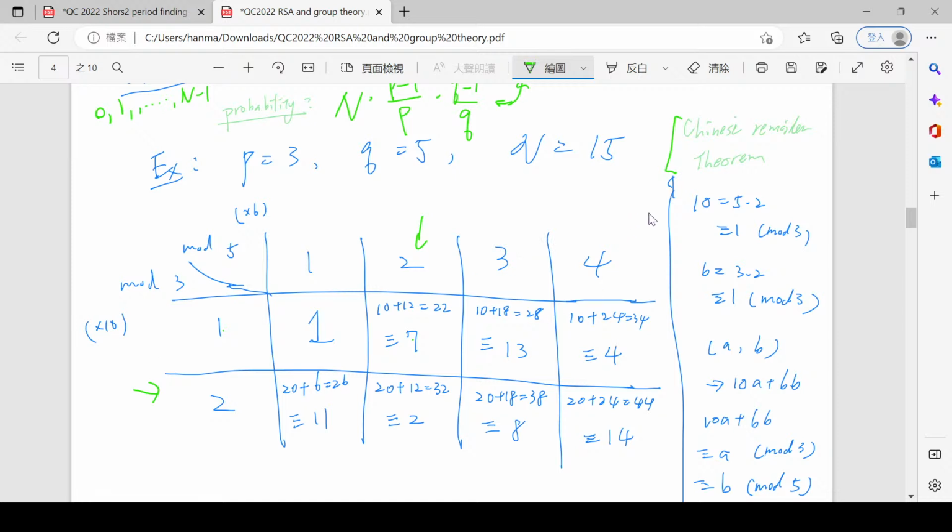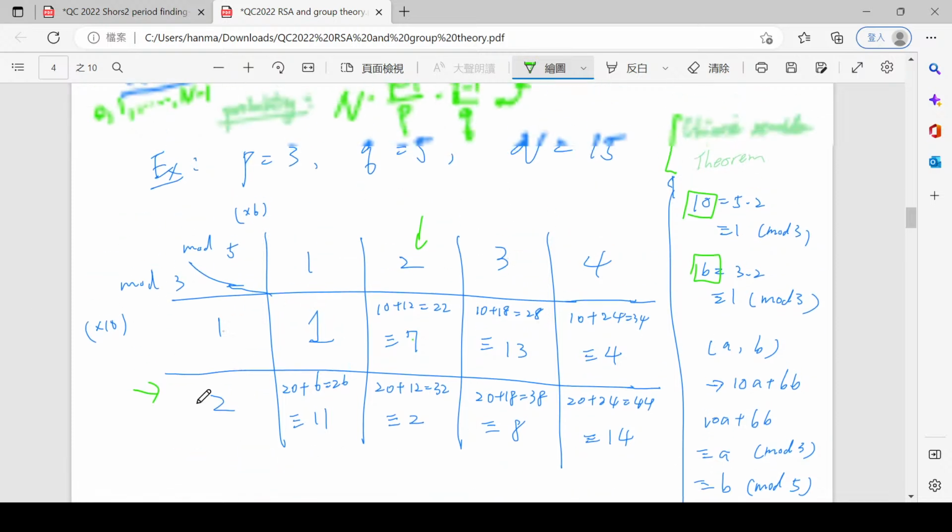The trick is you need to look at two magic numbers, 10 and 6 here. So what's cool about 10 and 6? 10 is a multiple of 5, right? 10 is 5 times 2. And 10 mod 3 equals 1.